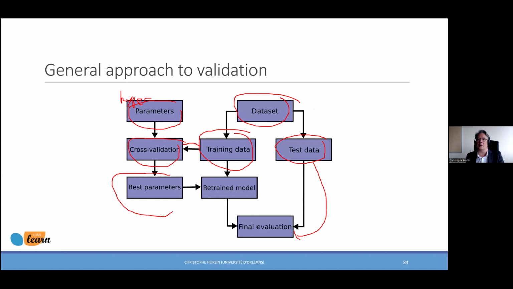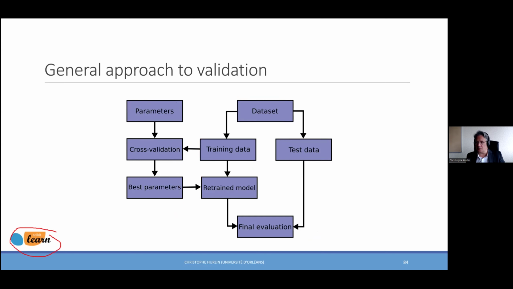You find the optimal hyperparameters, which gives you the optimal model, and then you evaluate this optimal model with a test data set. Is it clear? Great. This comes from scikit-learn, which is a package that we will use for machine learning.